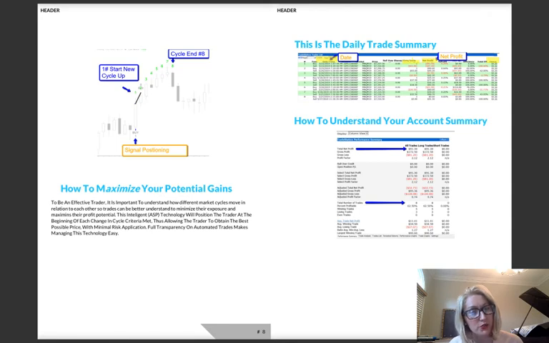An automated trade makes managing this technology easy. The number 1 is the start of the new cycle, signal positioning, and the cycle ends on number 8 in this particular situation. And then we're on page number 9.